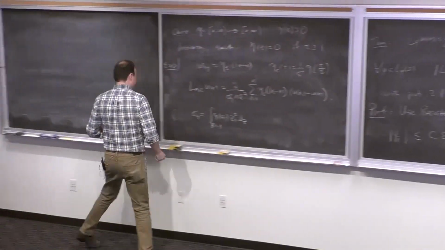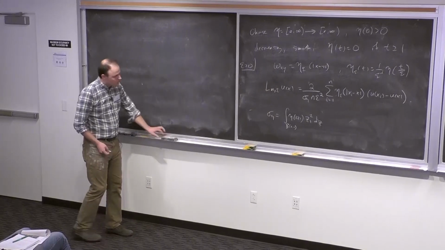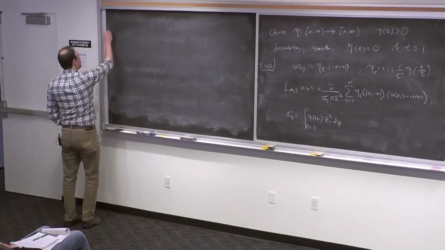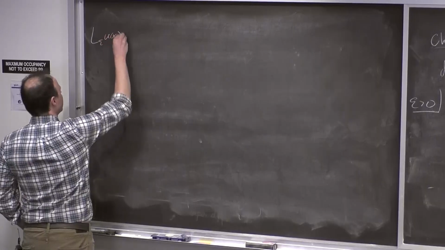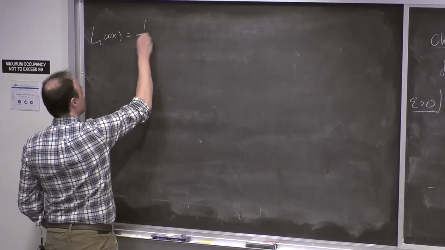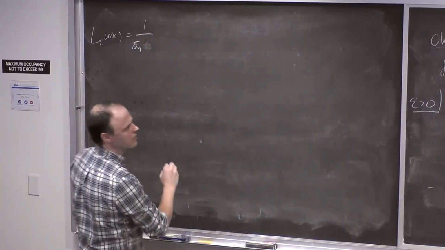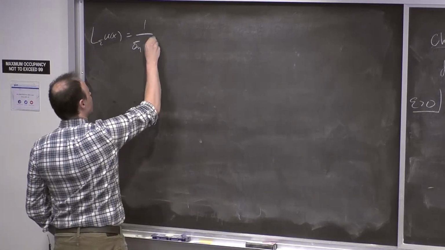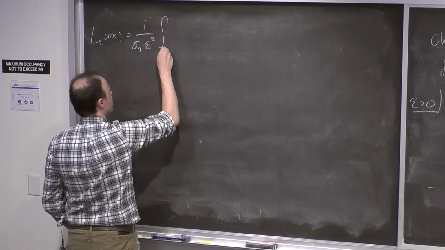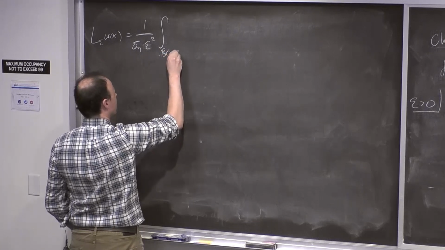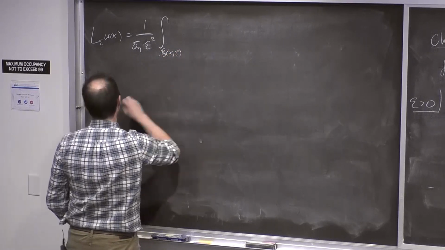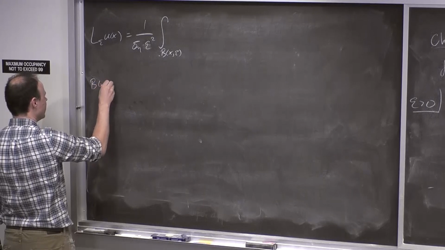But let's look at the asymptotics for the operator. So if I just Taylor expand, I'll just do a simple argument for a smooth function u. It's just epsilon squared. So it's really an integral over a ball, and we'll assume that the ball is contained entirely inside our domain.